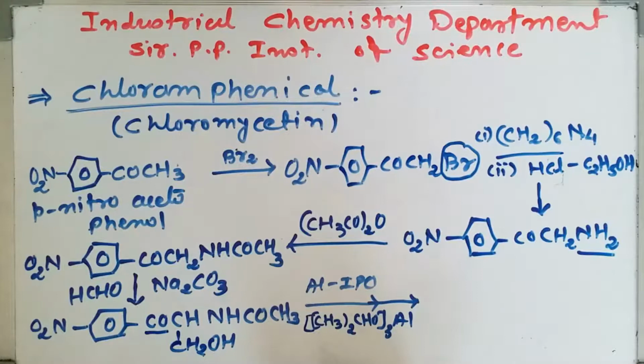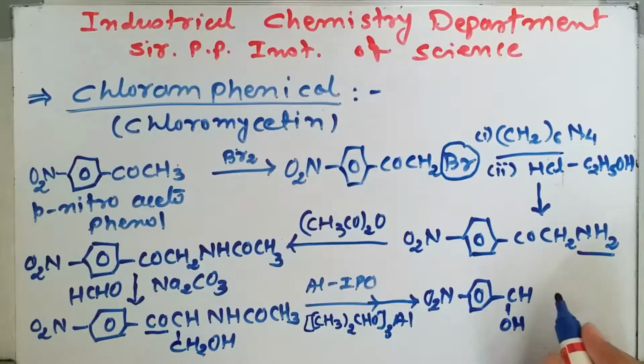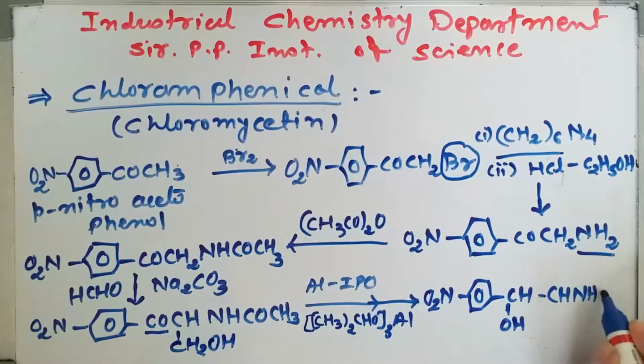Here this carbonyl group CO is converted into CHOH. So the ketone is converted into an alcoholic group: NO2 benzene ring, CO converted into CHOH, and the remaining compound is CH, NHCOCH3, CH2OH.